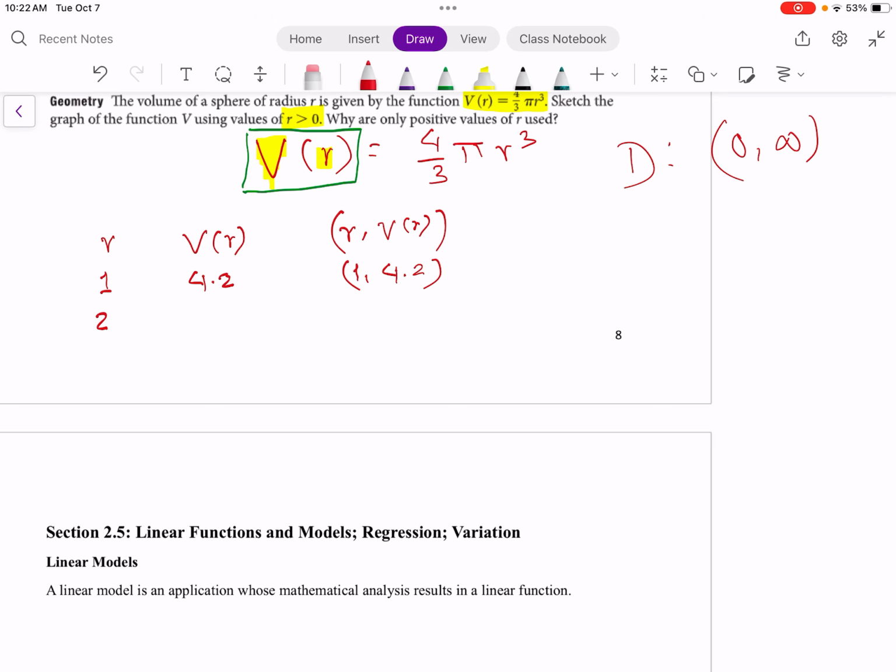The volume has to be greater than 4.2 for sure. 4 over 3 times 22 over 7 times 2 cubed. 33.5, rounding up. Okay, so we have 33.5. Now let's take r equals 3.